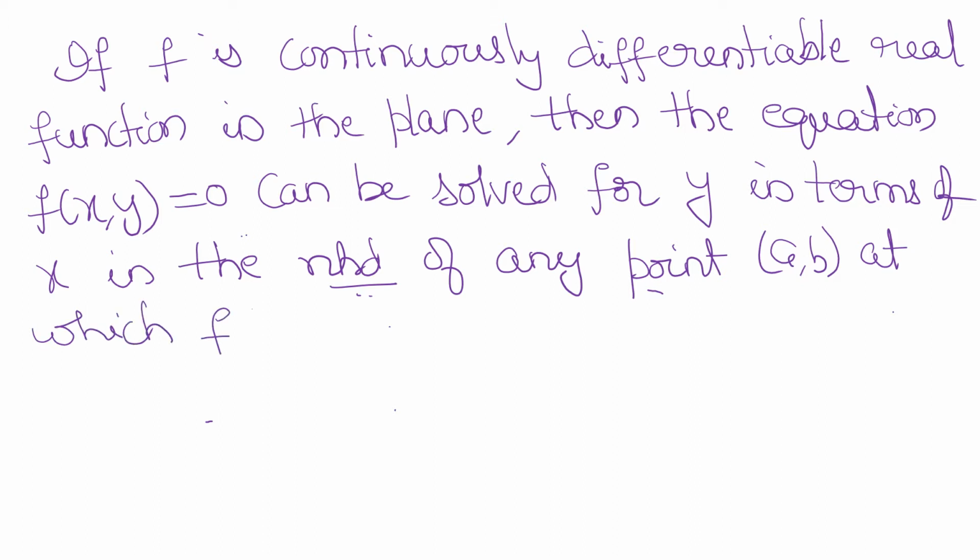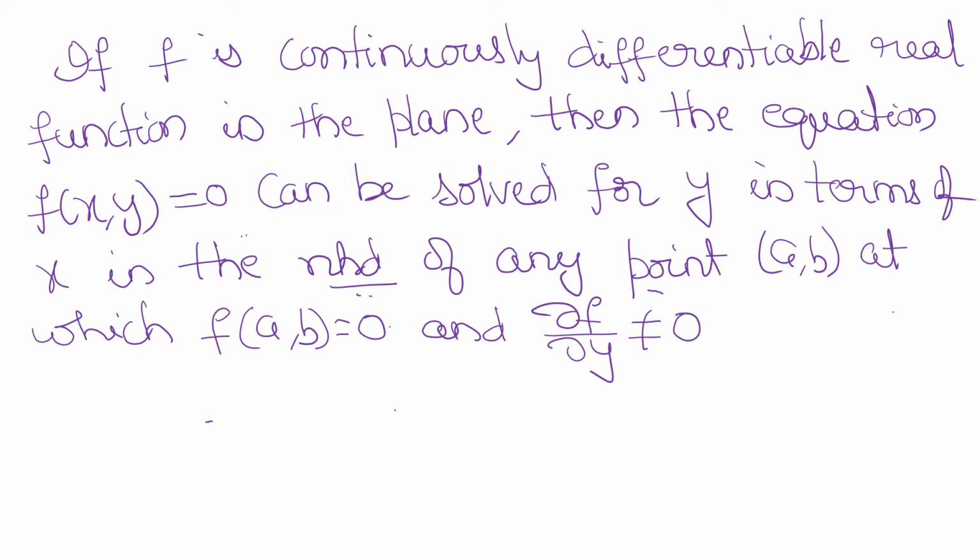At which f of (a, b) is equal to 0 and dou f by dou y is not equal to 0. So f of a comma b should satisfy the equation f of x comma y equal to 0, and the derivative of f with respect to y should not vanish. Then you can express y in terms of x.